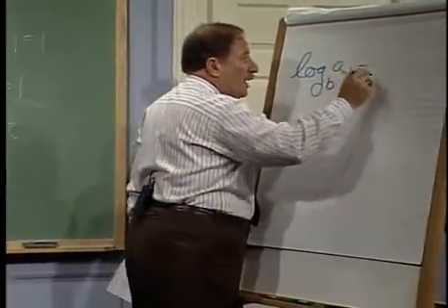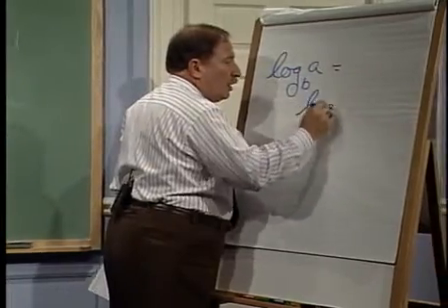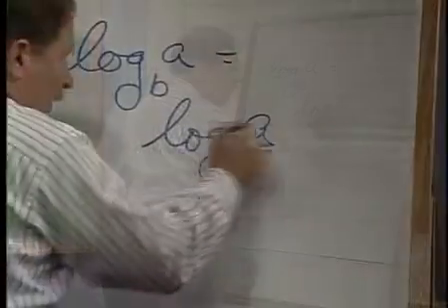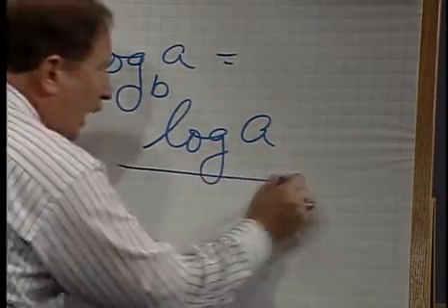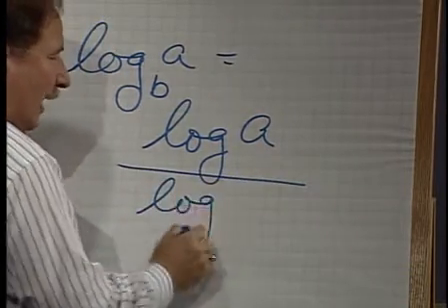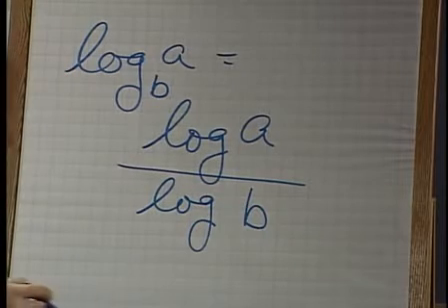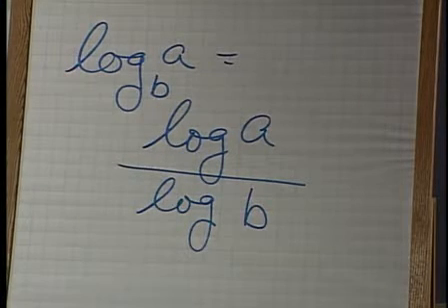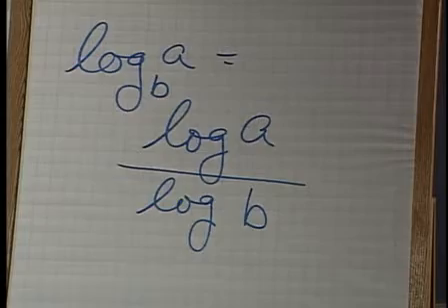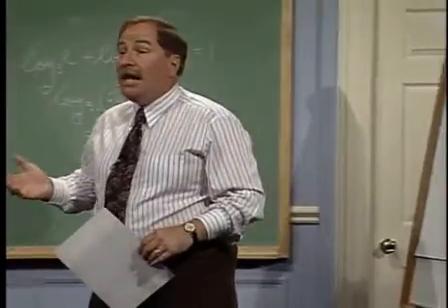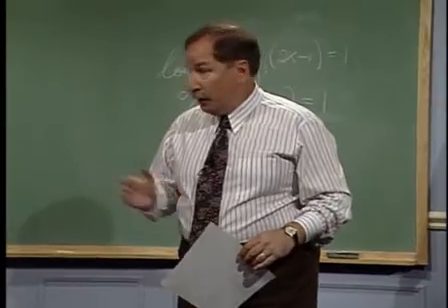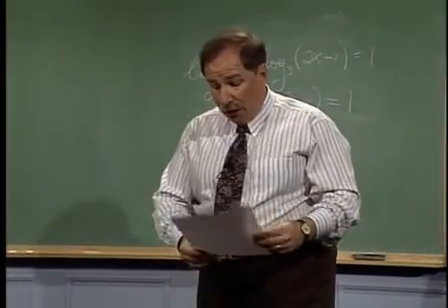What you would do is take the log of a, that is the log base 10 of a, on your calculator, and divide it by the log base 10 of the base b. Simple enough, it seems. This is exactly what you do to get the log with any base using your calculator, provided, of course, your calculator has a log button.